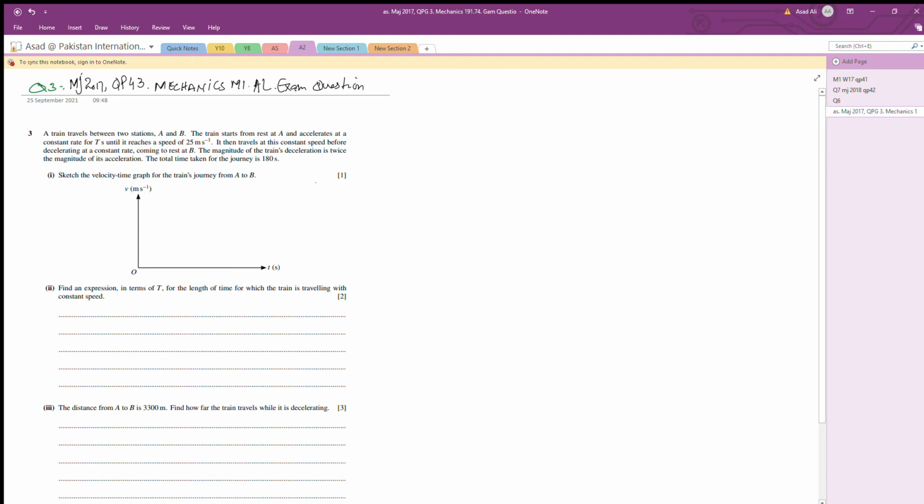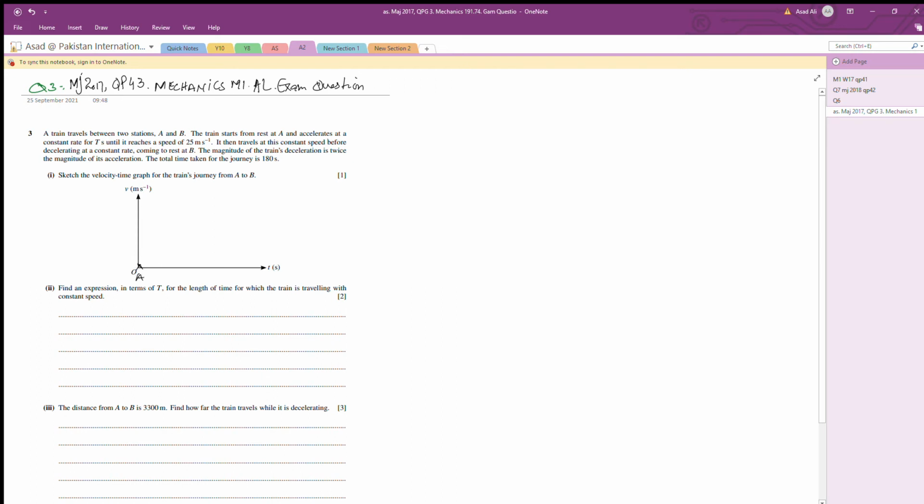Here we are doing questions where the object, the car, the vehicle, is moving with constant acceleration, at a constant rate, for t seconds until it reaches a speed of 25 meters per second. The train starts from rest. Rest is always the initial starting point, it's 0 here, and this point is point A.